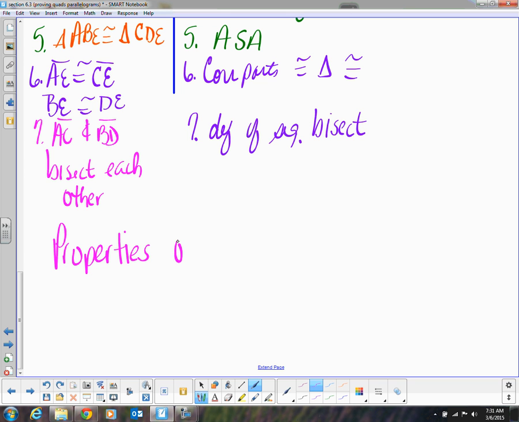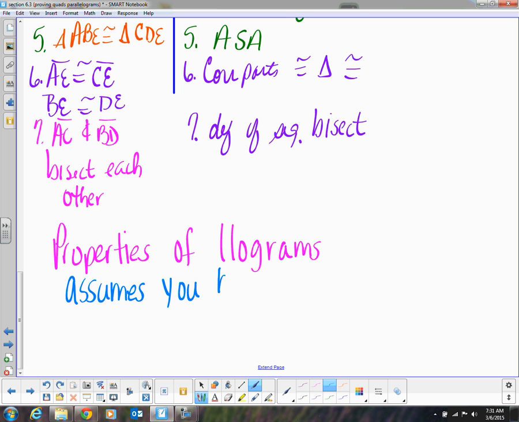More questions. Properties of parallelograms makes a big assumption, okay? Assumes you have a parallelogram, okay? You with me? If you know you have a parallelogram, there's lots of stuff that's true about it. Today we're going to do the backwards piece. You don't know it's a parallelogram.